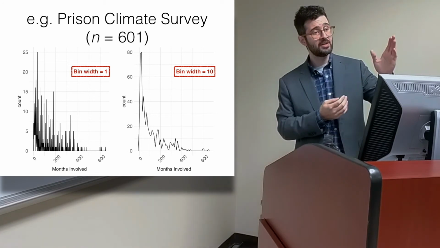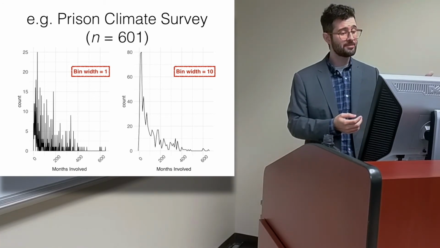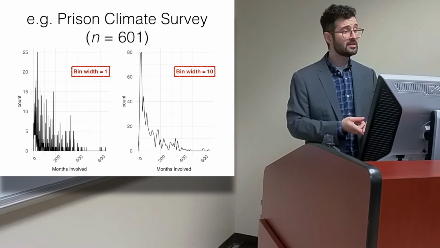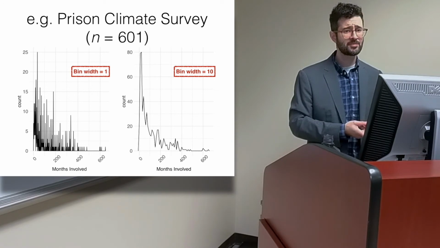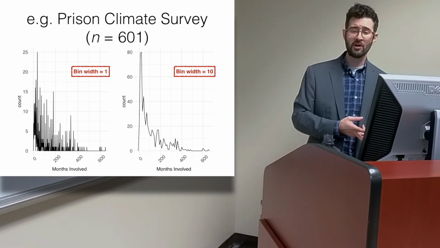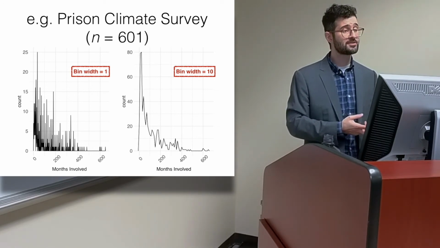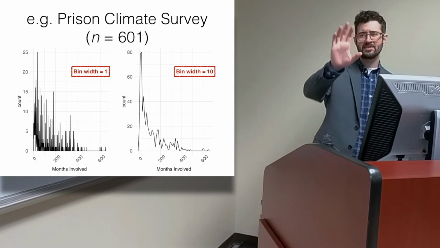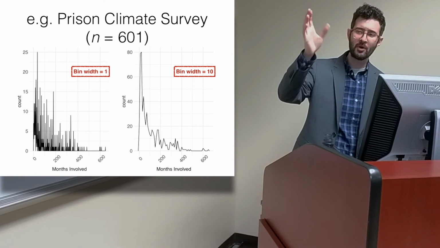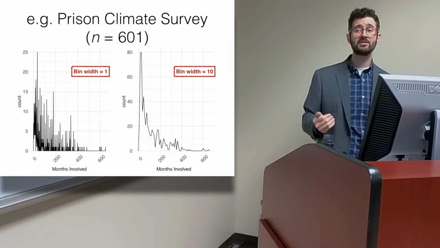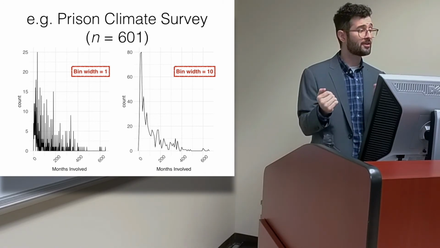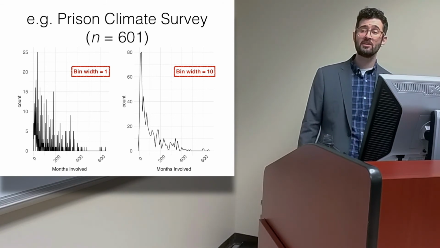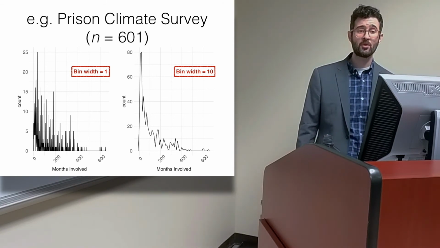There are people who've been involved in it for a short period of time, those who've been involved for, again, under 200 months, and then those who've been involved for around 300 months. We also get the vague sense that most of the people who are in prison have only been there for a short period of time, and that those who've been in prison for a longer period of time are a lot more rare.